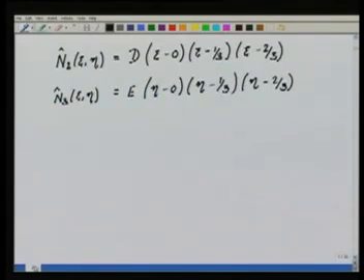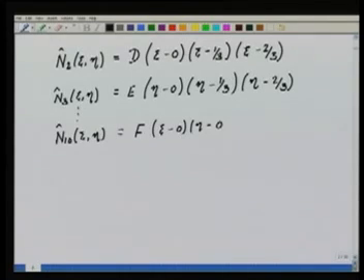So maybe I can write N10 as a function of psi and eta equal to something f into psi minus 0 into eta minus 0 into psi plus eta minus 1. So I can construct this way all the shape functions that we need in the master element.